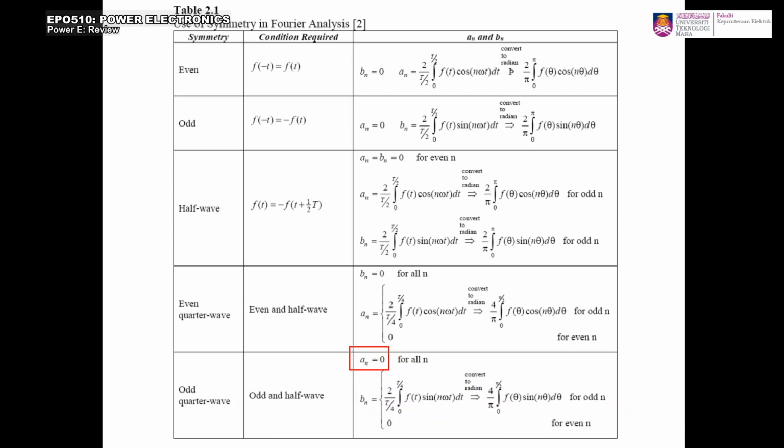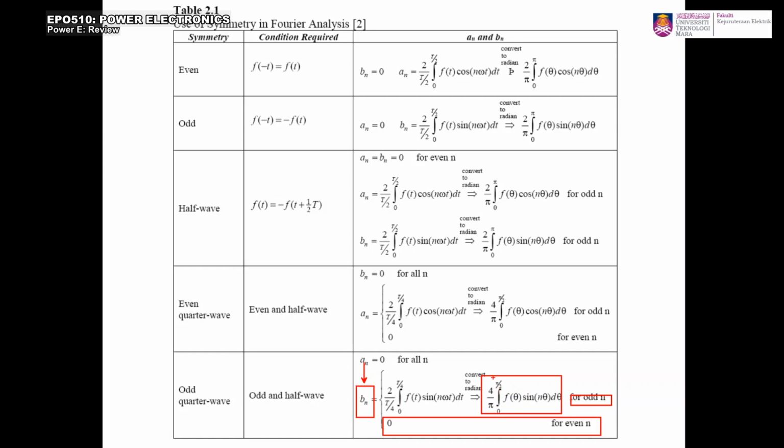Okay, an is 0, so you don't have to evaluate an. We focus on the bn. But for even harmonics, even n, bn is 0. So the bn here only exists for odd n. Okay, 1, 3, 5, 7. It's possible that this will exist for 1, 3, 5, 7, the odd numbers. So just use this equation, we evaluate that.